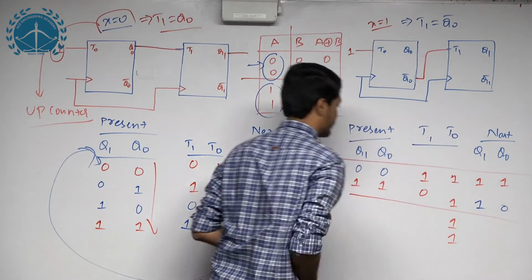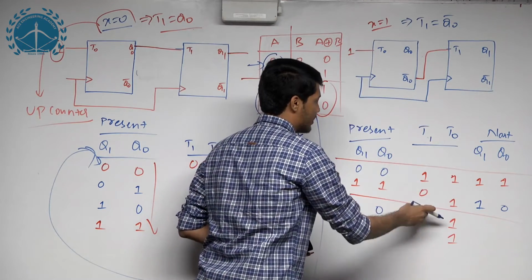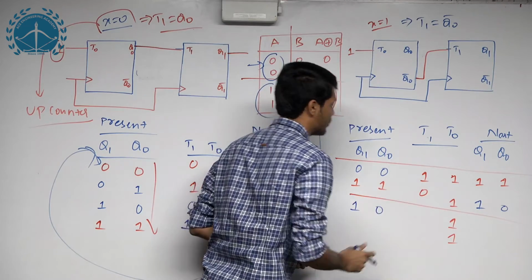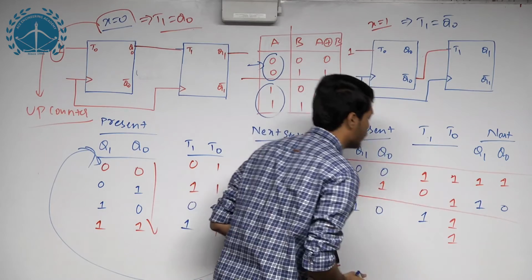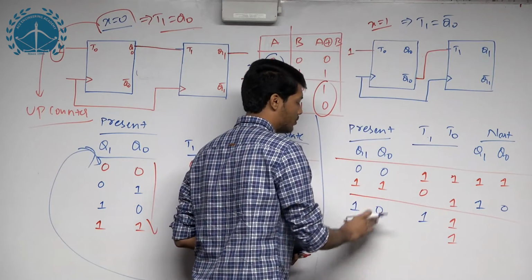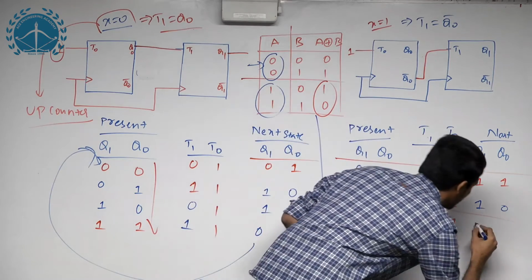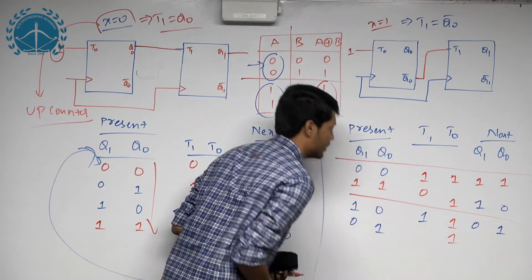So the next state is 1 0, and T1 is the inverse of Q0. Now Q0 is 0, so the inverse of Q0 is 1. So here you can see again both the inputs are 1, so both will invert from 1 0 to 0 1. Now your next state is 0 1.